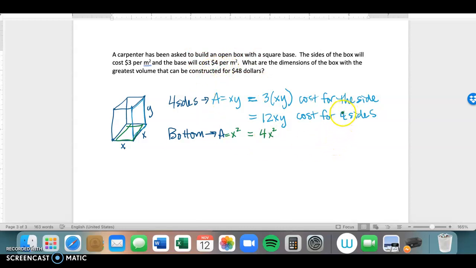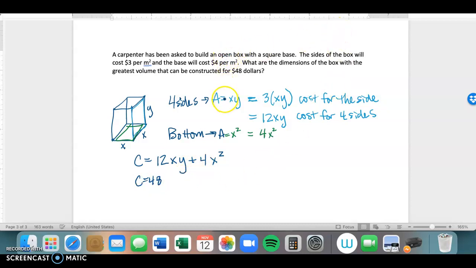So if we add up the cost, we'll say C for cost, the cost of the 4 sides is 12xy plus the cost of the base, 4x squared, right? That's going to be how much it costs. Well, did they tell us how much it costs? Yeah, they did. They said it's $48. The cost is $48.